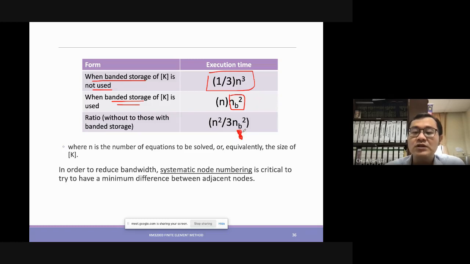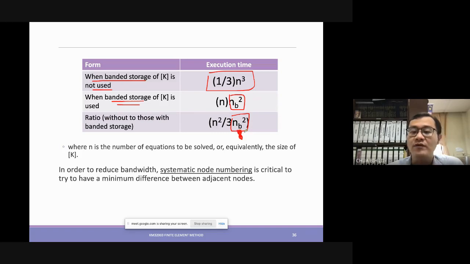Therefore, what we can see is that this NB is at the lower part of the fraction. So the smaller number it is, then this ratio is bigger, right? So if you get 1, then that is the best, right? If you get 8, to the power of 2, then you get 64, right?